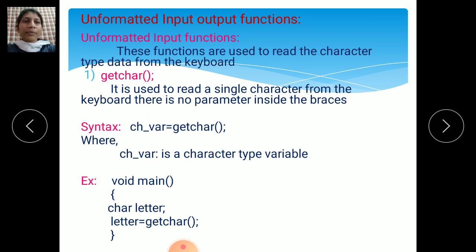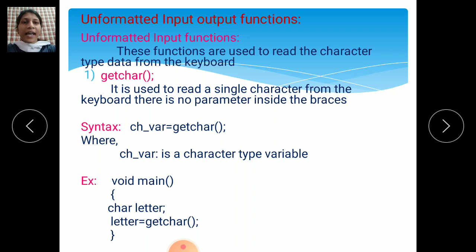Input means it accepts data from the keyboard, whatever you enter, whatever input you give to the computer. The computer can accept the input from the user, so that is known as the input function.